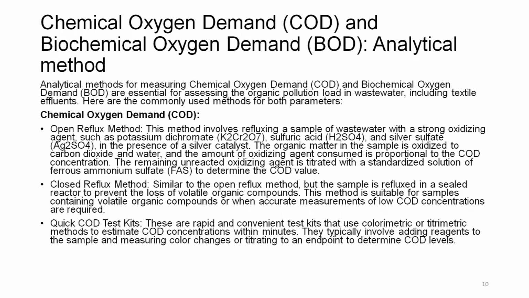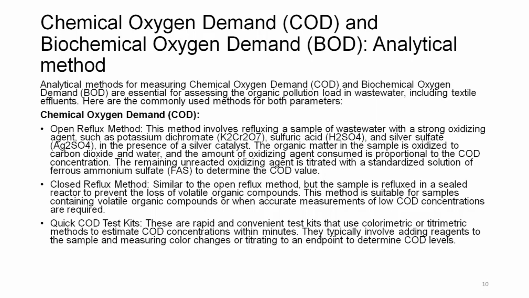COD, open reflux method. The method involves refluxing a sample of wastewater with a strong oxidizing agent such as potassium dichromate, that is K2Cr2O7, sulfuric acid H2SO4 and silver sulfate Ag2SO4 in the presence of silver catalyst.